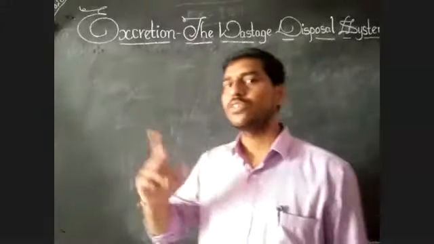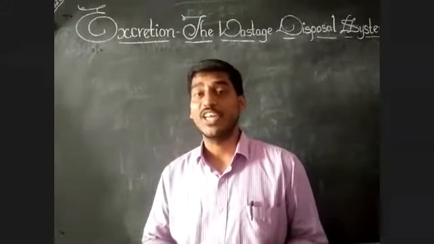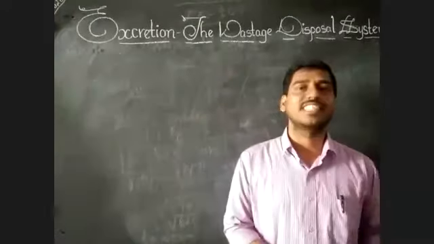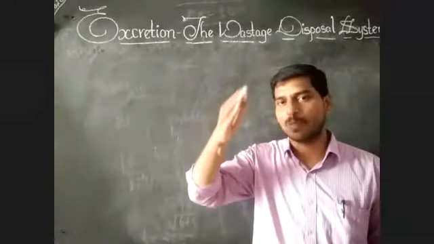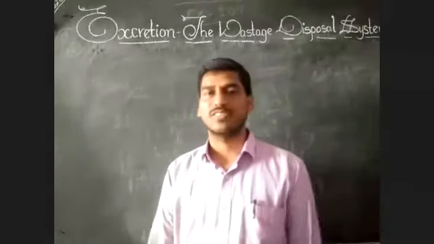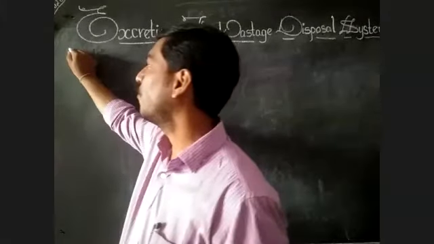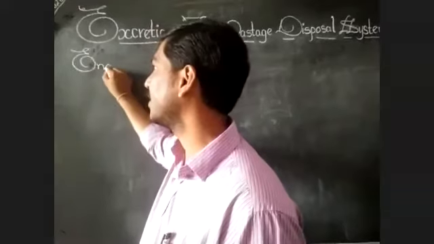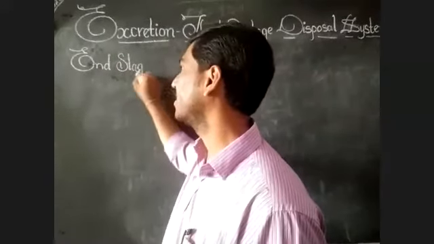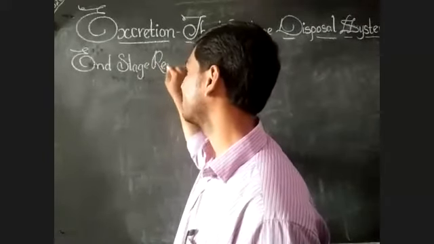Now, if both the kidneys fail, what happens? Whatever we have discussed till now, all those problems one after the other start setting in. That particular stage where both the kidneys fail to function is called end stage renal disease.